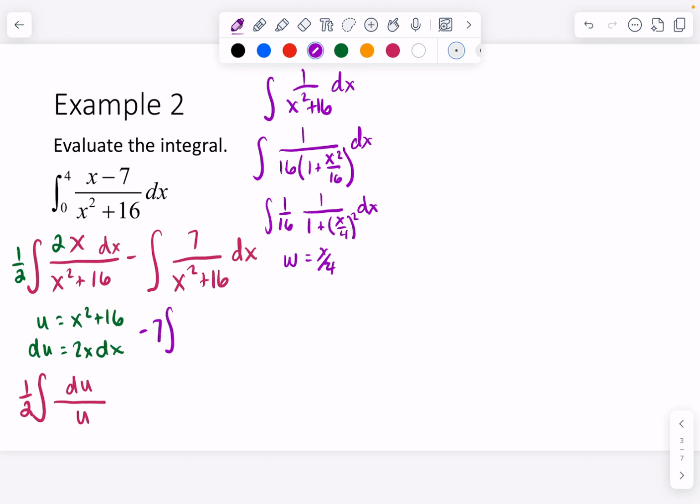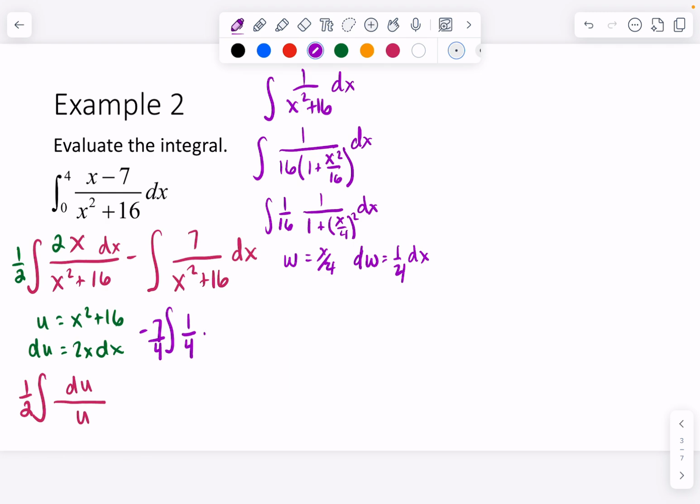Now, some of you are going to be able to do this in your head. dW is 1/4 dx. So I need a 1/4 inside, so I have a 1/4 outside, a 1/4 inside. I just split that 16 into 1/4 times 1/4.